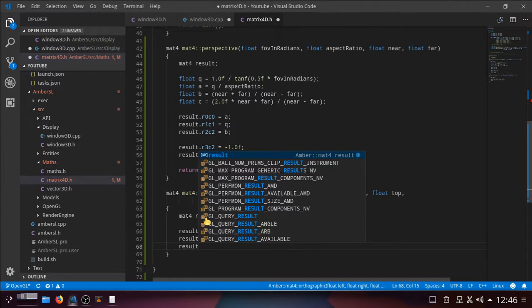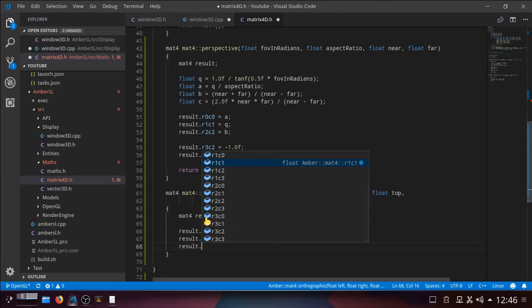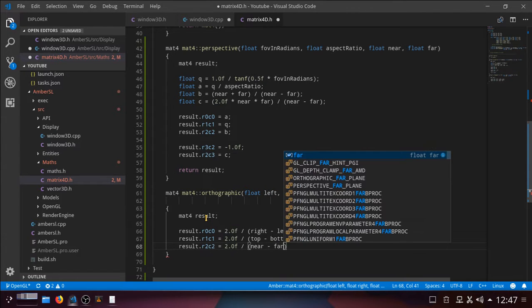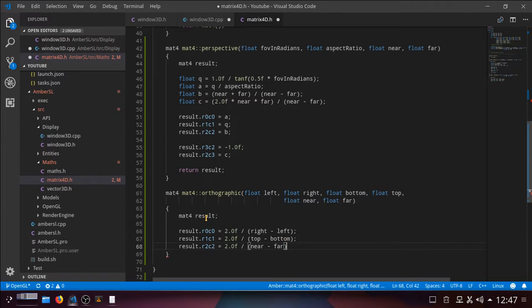Result dot, and this is R2C2, and that equals, believe it or not, 2.0F divided by, and is this near and far? Yeah, it will be. So it'll just be near minus far. Okay, that's fine.